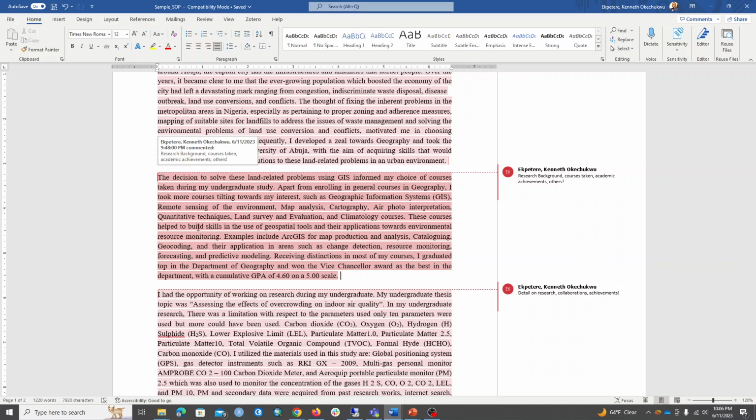These courses helped to build skills in the use of geospatial tools and the application towards environmental resource monitoring. Examples include ArcGIS for map production and analysis, cataloging, geocoding, and the application areas such as change detection, resource monitoring, forecasting, and predictive modeling. Receiving distinction in most of my courses, I graduated top in the Department of Geography and won the Vassar's Award as the best in the department with a cumulative GPA of 4.60 on a 5.0 scale.